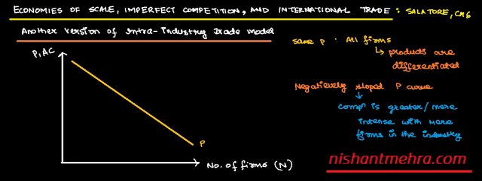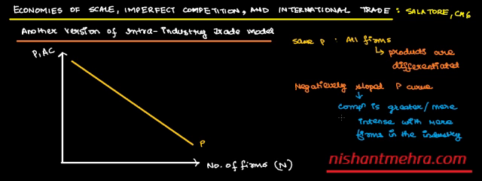This is true. When you have more competition in the industry, more competition is going to bring down the price, right? So you have a negatively sloped P curve.